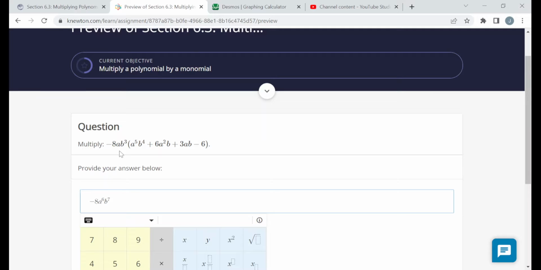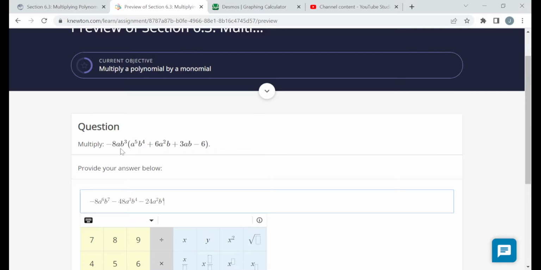So negative 8, a to the 6th, b to the 7th for that first term. And then negative 8ab cubed times positive 6a squared b would be negative 48a cubed b to the 4th. Right, then the next term, negative 8ab cubed times positive 3ab would be negative 24a squared b to the 4th.